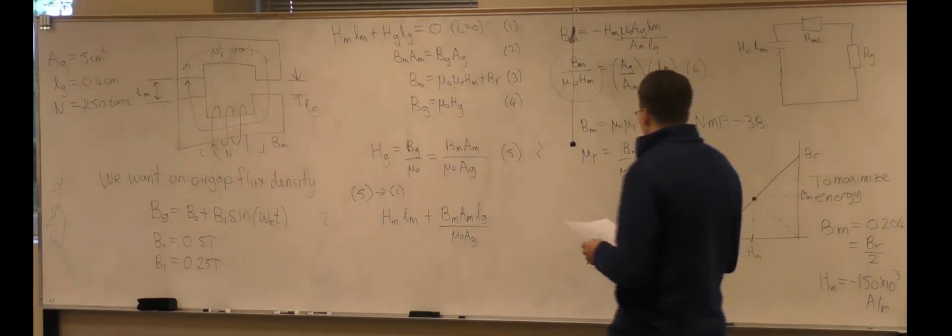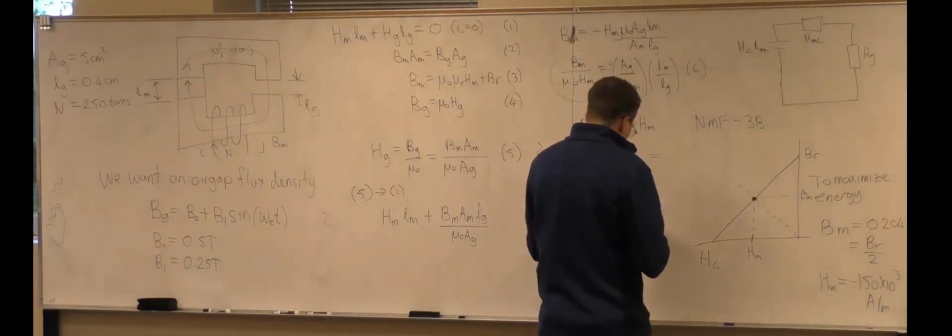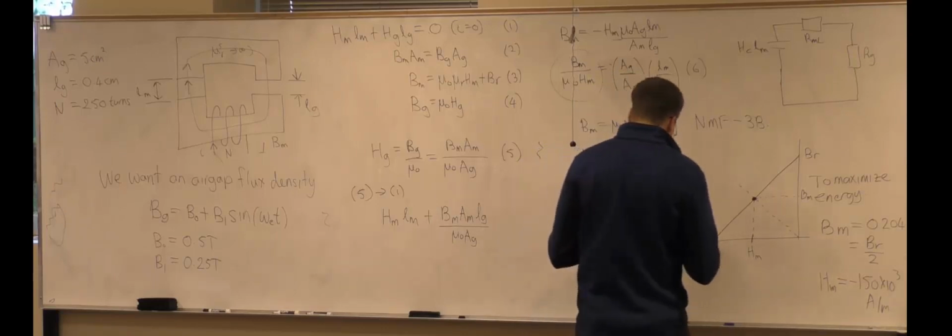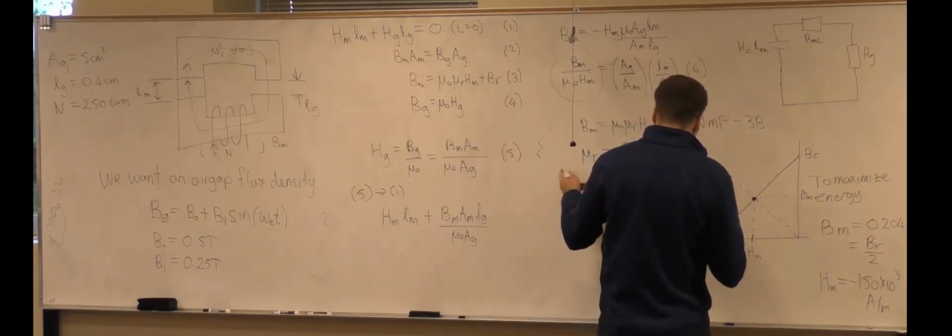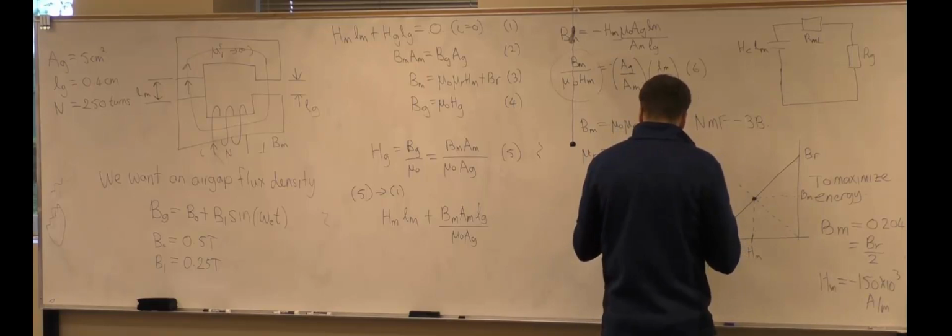Okay, so with the BM and the HM from the BH curve, we can get out quite a lot, but we'll get out the relative permeability for sure. So let's put that in here.